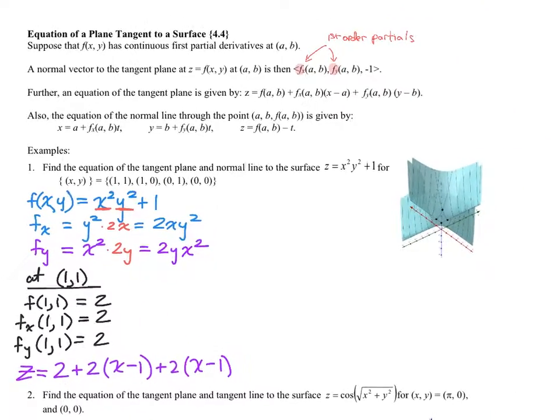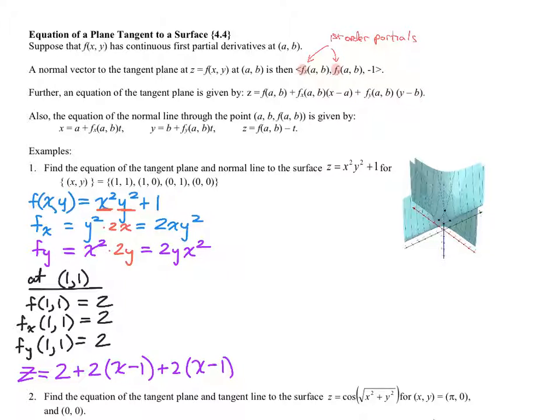So when we talk about that vector, that f of a comma b, first order partial with respect to x, first order partial with respect to y, both at a, b, and then -1, that's coming from the solution, because if I brought the z over to the other side, it would become -1z. So the coefficients of x, y, and z make up your normal vector.